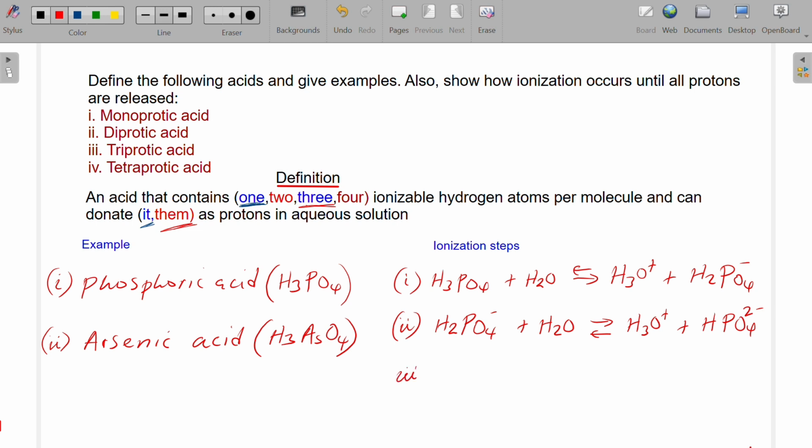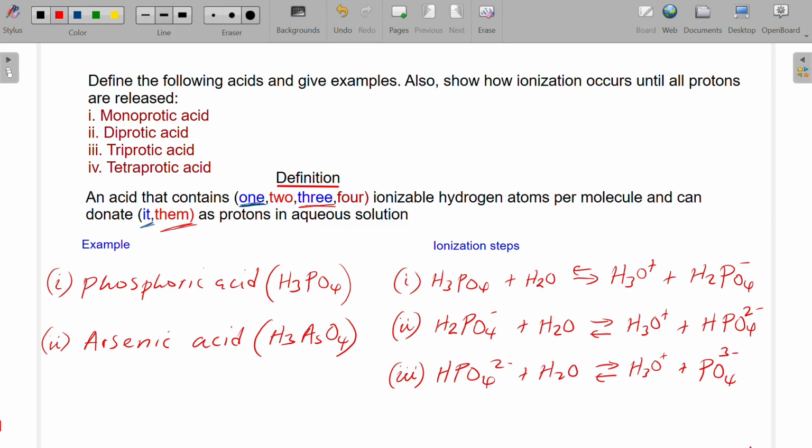Then the last one will be now us putting the product again back in water. The charge is 2-, and this will be added in water to produce again. On the other side, we still have the hydronium ions added to the PO₄.